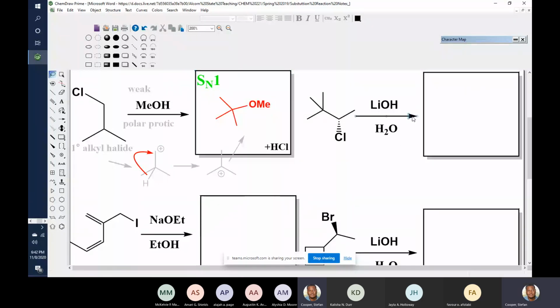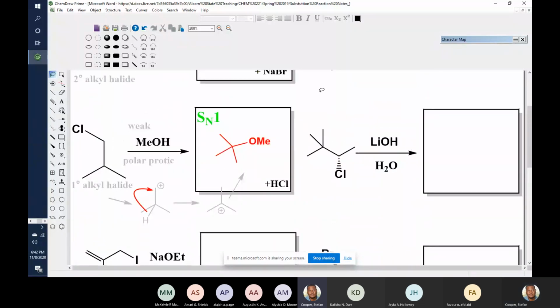Good. Could we come over to this one? What type of alkyl halide is this? Secondary. Yeah, secondary. What type of nucleophile? Strong. Yeah, strong. What type of solvent here? Polar protic.